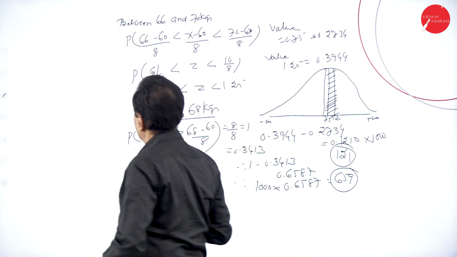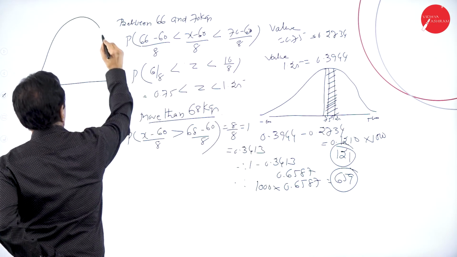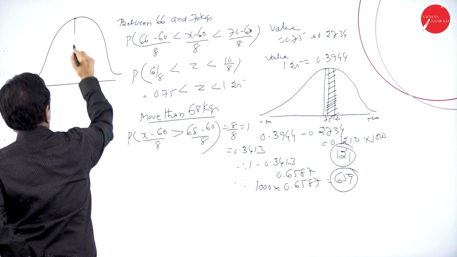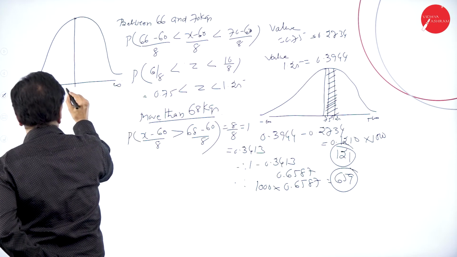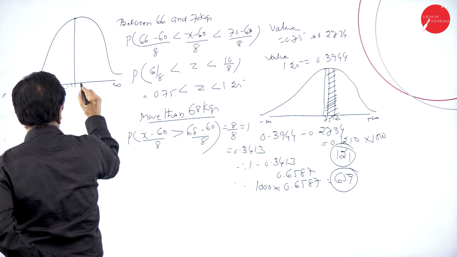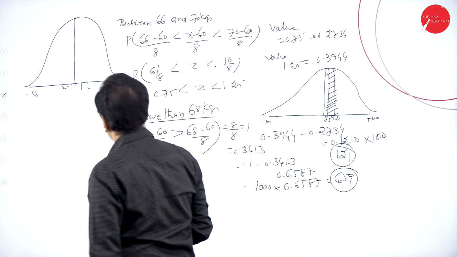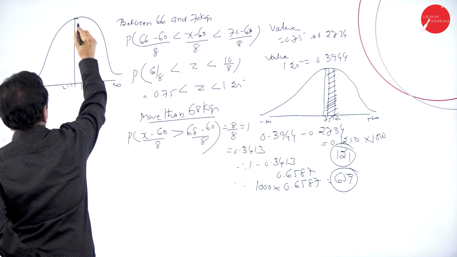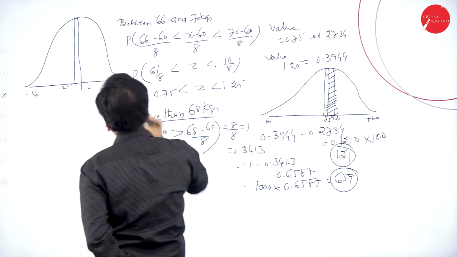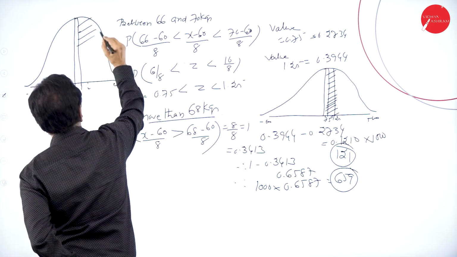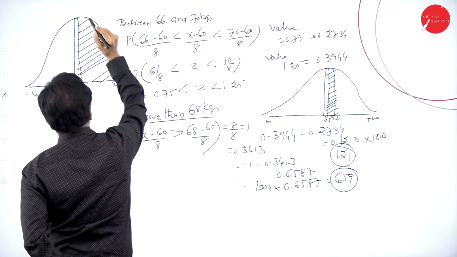So put it in a graph now. This is minus infinity. This is minus 1, minus 2, plus 1, plus 2. So what's your value? 1 we have got. It is more than 1, it will be like this.